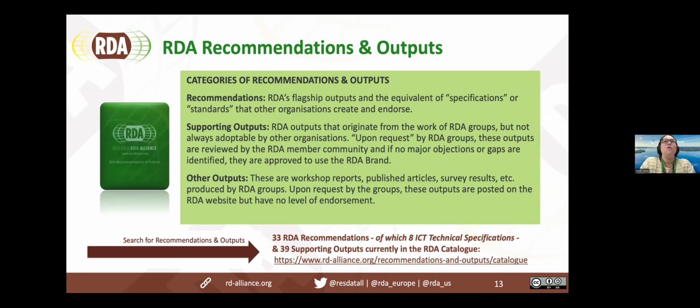Then there are supporting outputs that are not always adoptable by other organizations, but still good and interesting, but not promoted in the same way as the RDA recommendations. And then there's the final category, other outputs, the motley crew, but still a lot of useful stuff in that bunch as well.